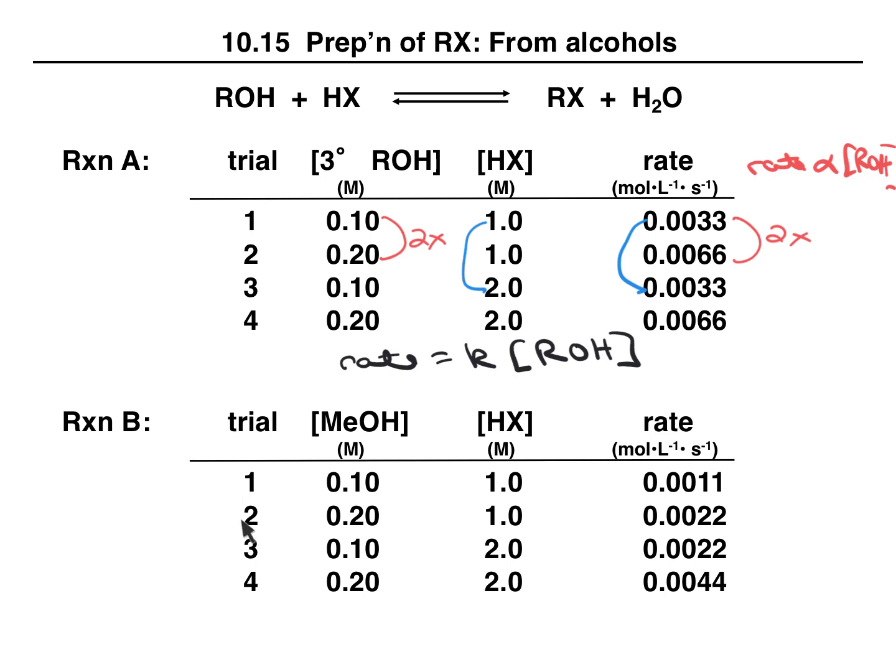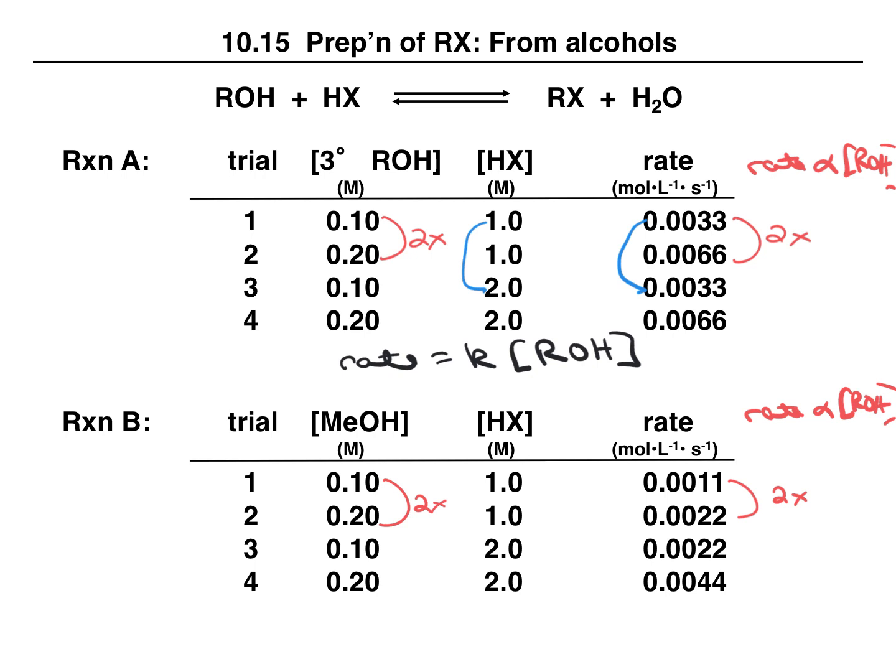Looking at trial 1 compared to trial 2, we are doubling the concentration of the alcohol while holding the HX concentration constant, and what we get is a doubling of the rate. So we increase the concentration of the alcohol, we increase the rate of the reaction. So for a reaction with methanol, once again, the rate is proportional to the concentration of the alcohol.